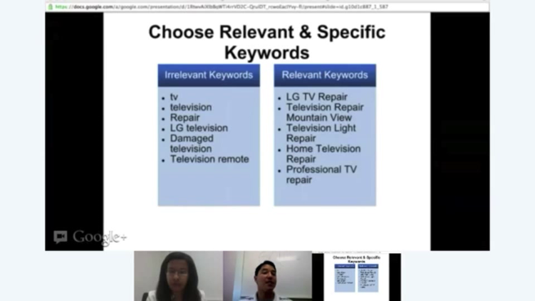For example, someone might be selling TVs, new TVs, used TVs, old TVs. Someone might be talking about how they're going to appear on TV. So depending on the search, you want to think intuitively about what a user would search for that would lead them to try my product or service. And so in this case, again, for television repair, the keywords on the right are more likely to speak to that.